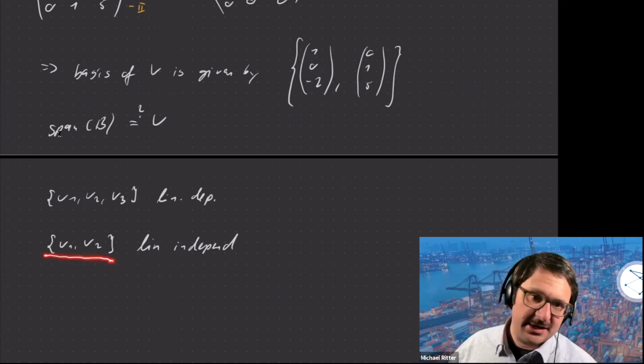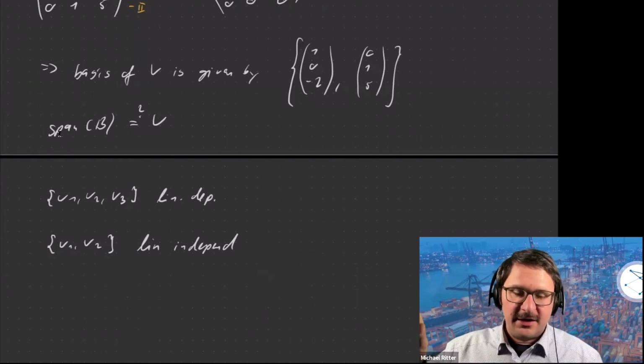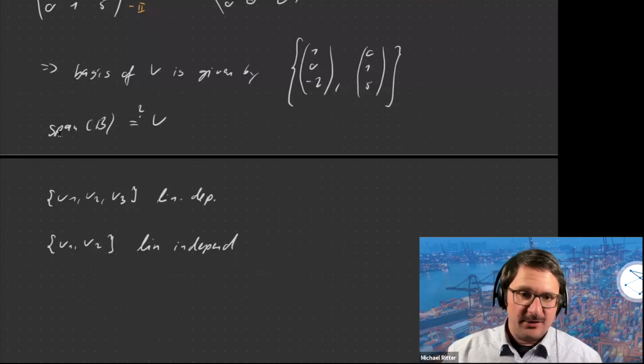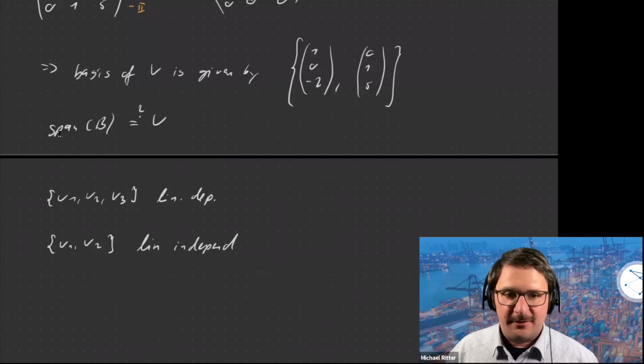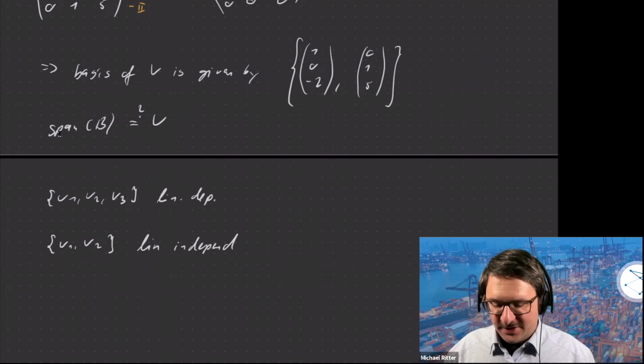It still generates the same space, but now we've reduced it as much as possible without losing anything. If we delete one more vector, then we will lose something. Then the span will be reduced. I hope that clarifies why we've moved to a linearly independent set.